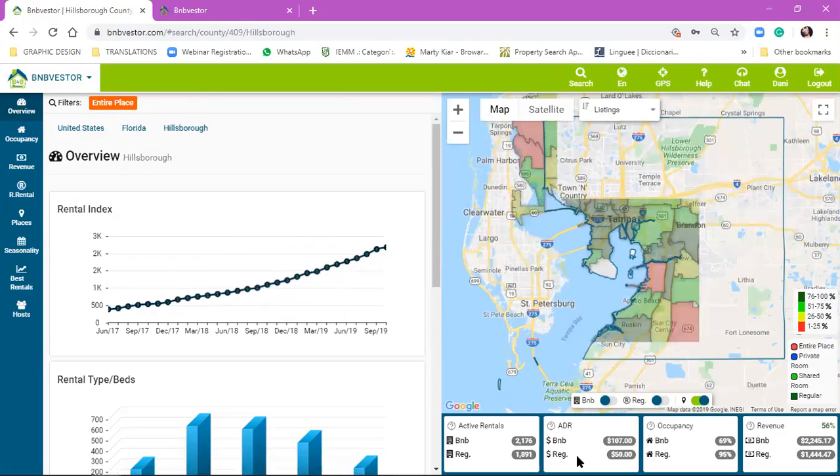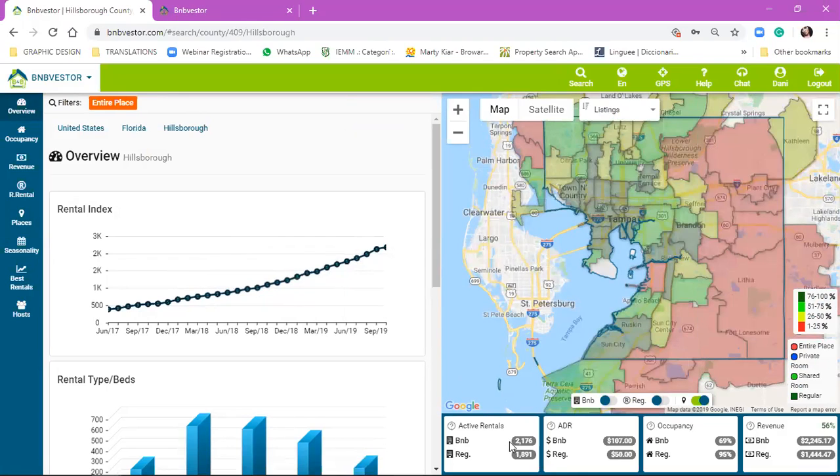Okay, so here we have 2,176,000 BNB listings, and then regular listings, almost the half of it, 1,891, with an average daily rate of $107 and a regular rental of $50, an occupancy rate of 69%, and remember, the regular rental is always going to maintain their occupancy rate, okay?